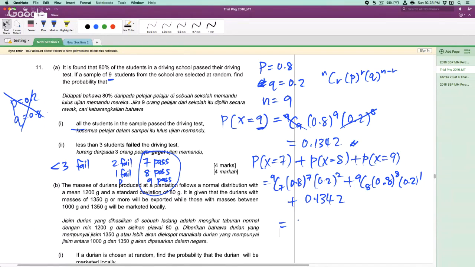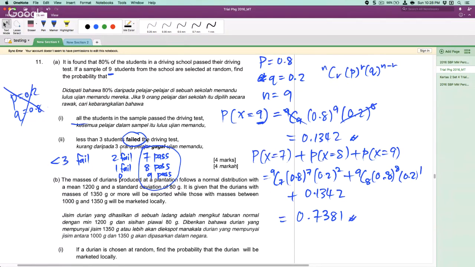Okay, so the final answer should be 0.7381. This is how we solve this question. For this part, the word fail, you need some logic to think about that. So let's move on to part B.